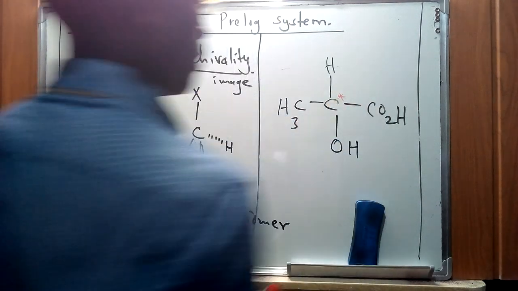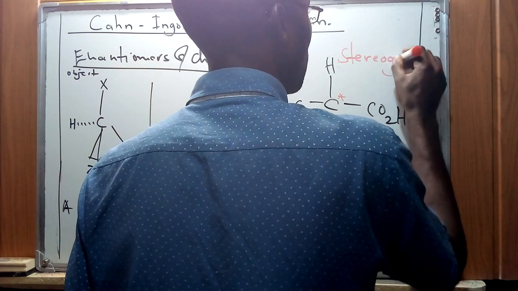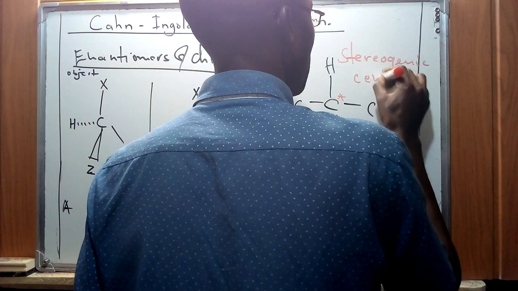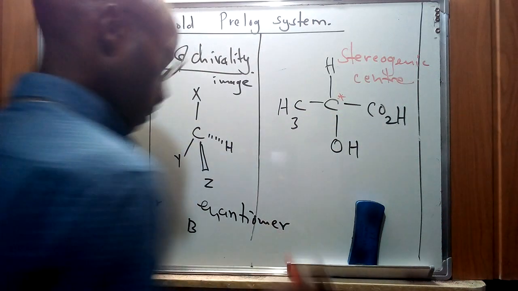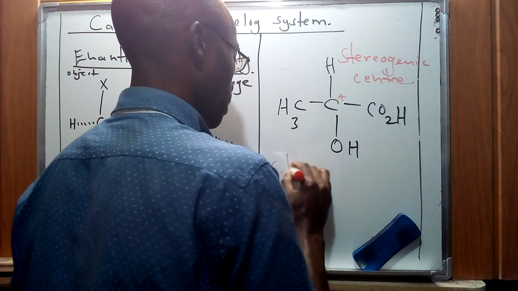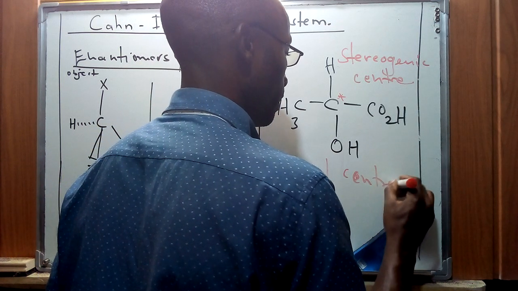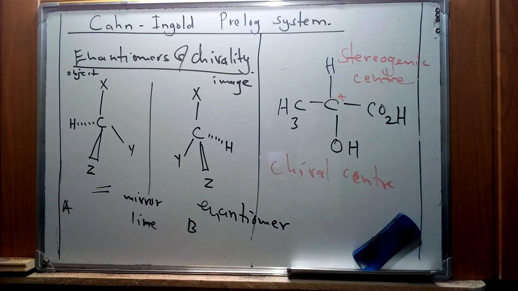Now this central carbon is referred to as a stereogenic center, or a chiral center. It can be regarded as a chiral center or a stereogenic center in that matter.